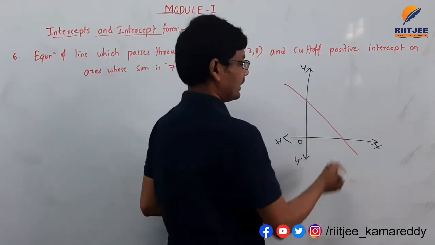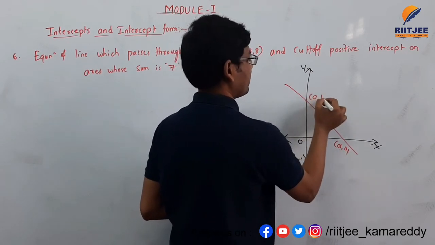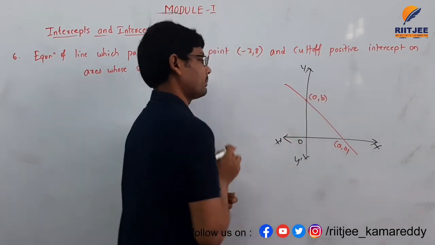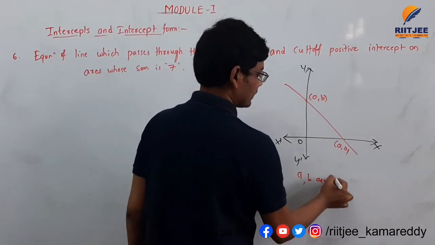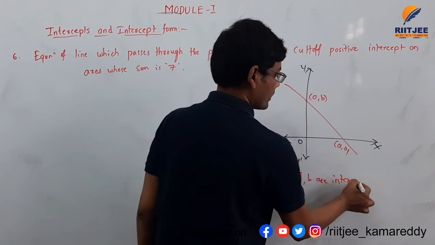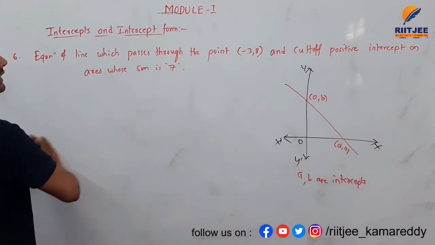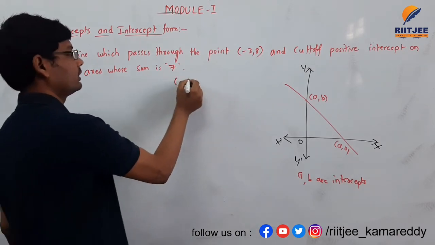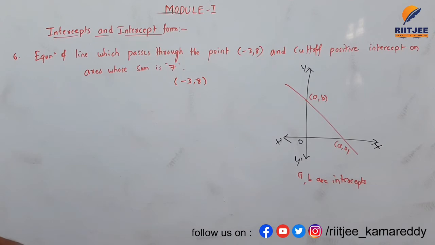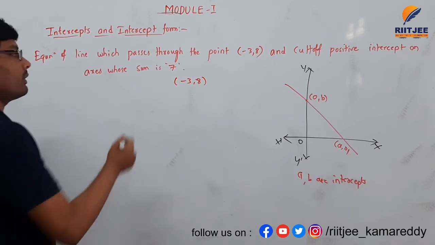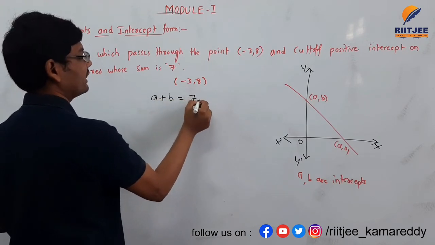This point is a comma 0 and this point is 0 comma b. Here a comma b are intercepts. He is given one point, that is minus 3 comma 8, and the sum of the two intercepts, a plus b, is equal to 7.